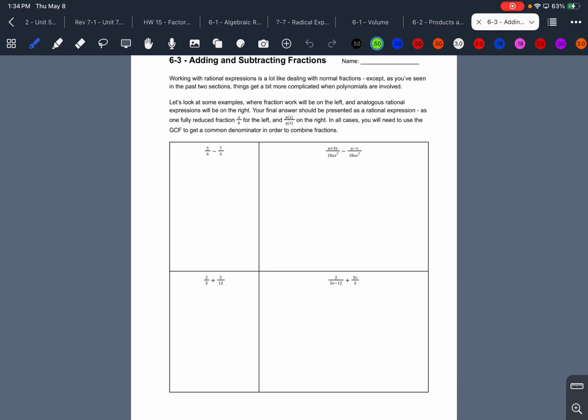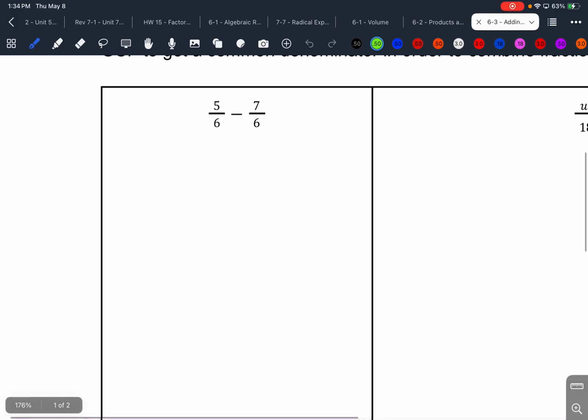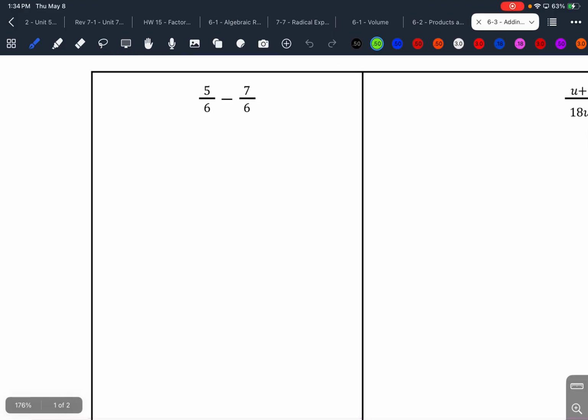So to start off, when you add or subtract fractions, we always need a what? Common denominator. In this case, we have a common denominator. So what we can do is combine these things into one fraction with that common denominator, right?